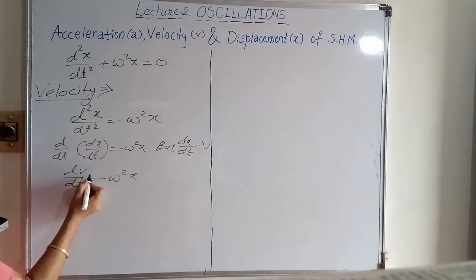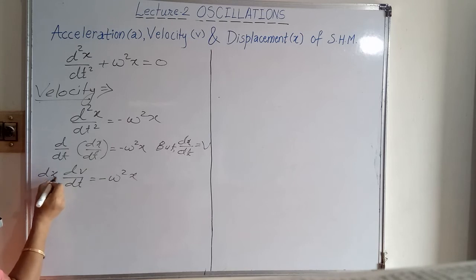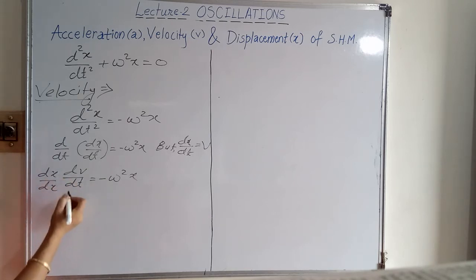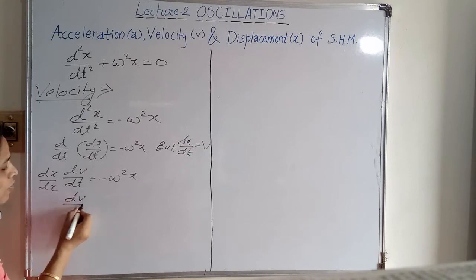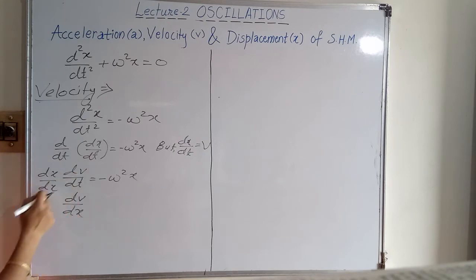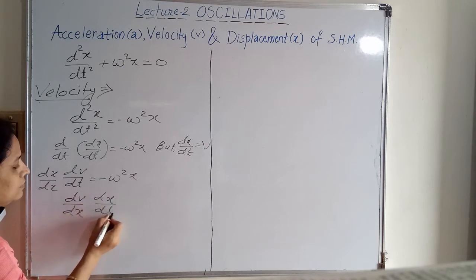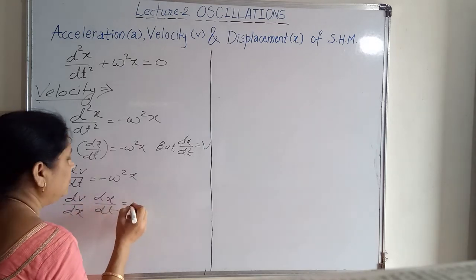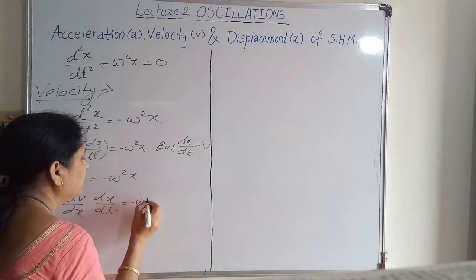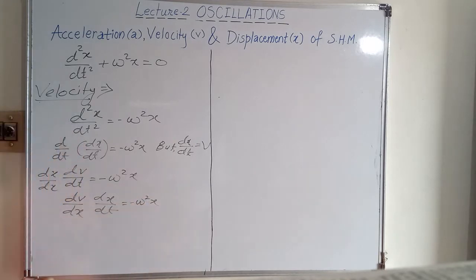Now multiply and divide this equation by dx in the numerator and denominator. We can rearrange this equation as dv upon dx into dx upon dt is equal to minus omega square x.